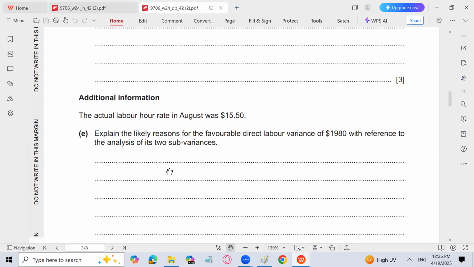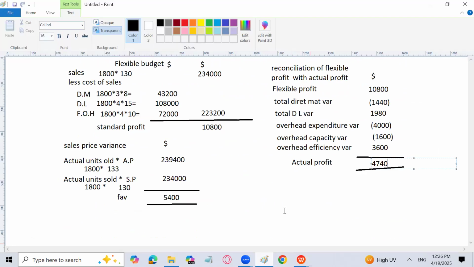I'll write it down. What is the amount of the two sub-variances? First, labor rate variance we can calculate, and the formula is going to be actual hours into actual rate, which is now given, and actual hours into standard rate, that is also given.